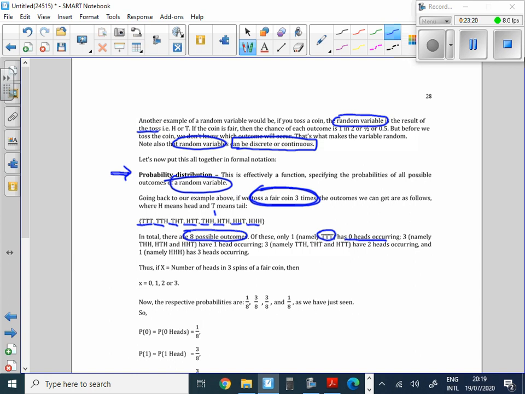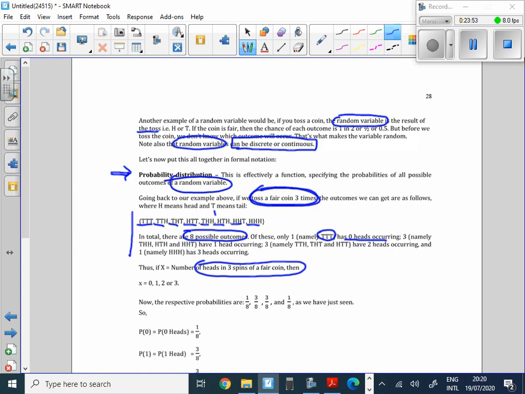So if you look over here, when I'm looking at my probability distribution, remember, guys, don't overly complicate stuff. A distribution is just the possible outcomes. That's all. So if we look over here, guys, if X is the number of heads, the number of times that I get heads when I spin the coin, X is equal to 0, 1, 2, or 3.